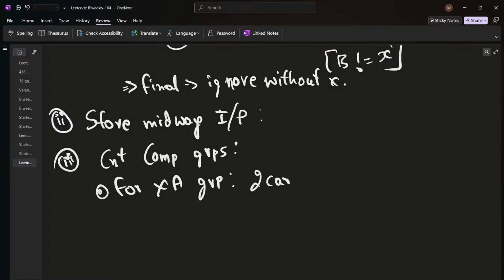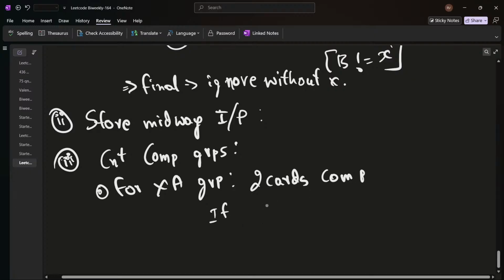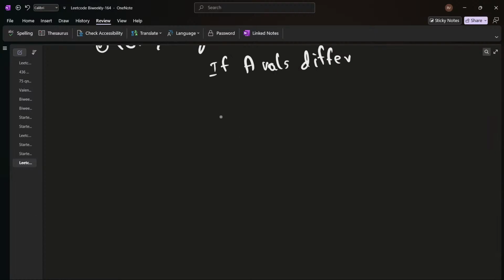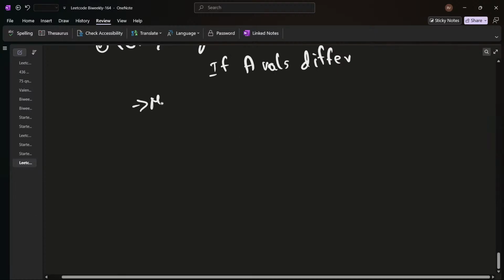Two cards are compatible only if they have different A values. We'll make a small formula for this. We'll take the max internal pairs formula here.